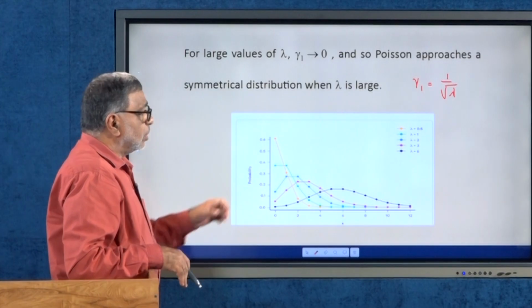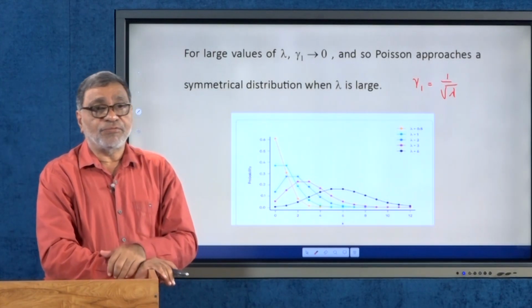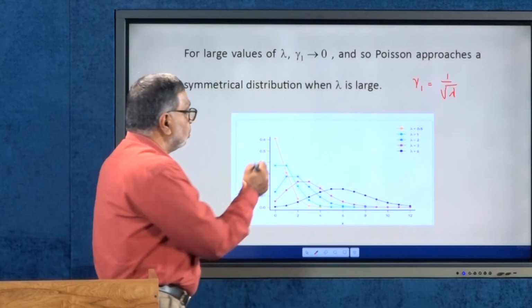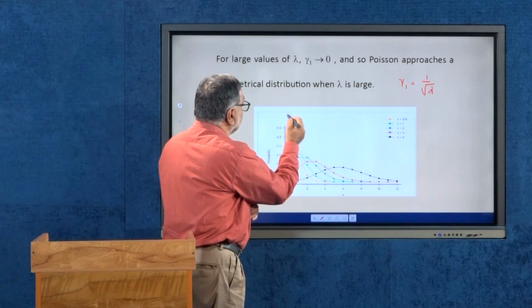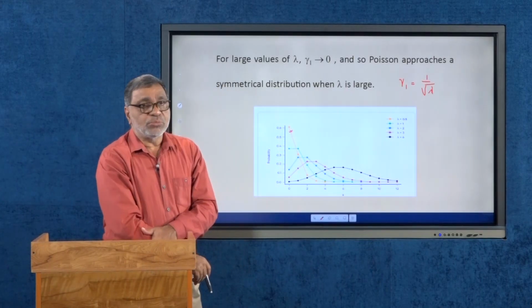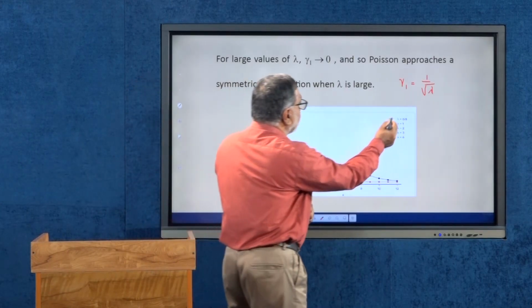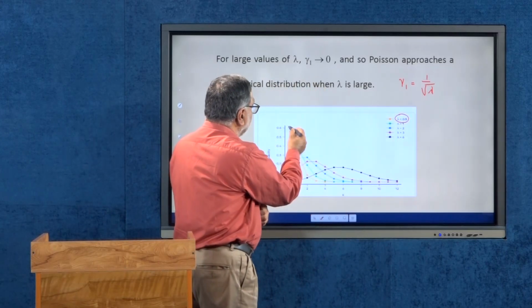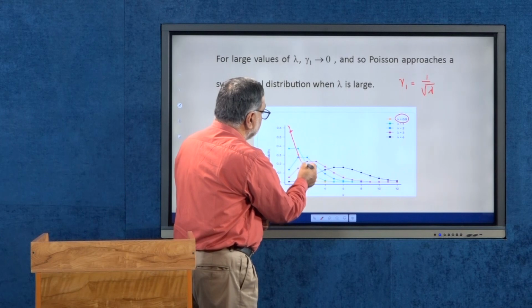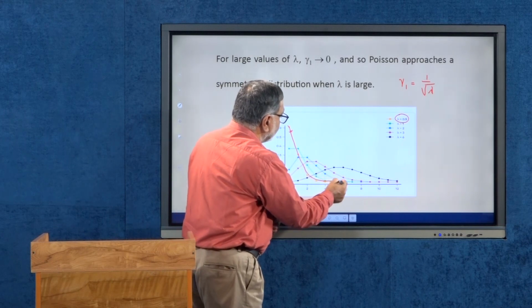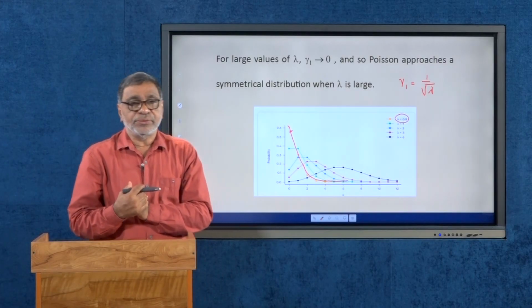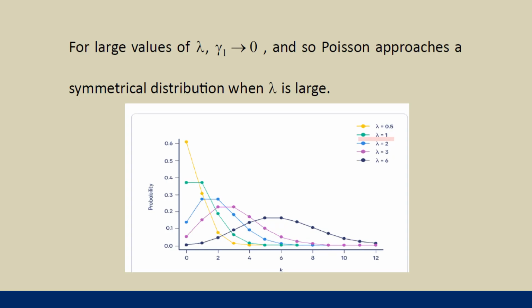If you draw the graph of the Poisson distribution for different values of lambda, look, this is the curve of Poisson distribution when lambda is equal to 0.5. The probability curve is something like this, and lambda is 1.